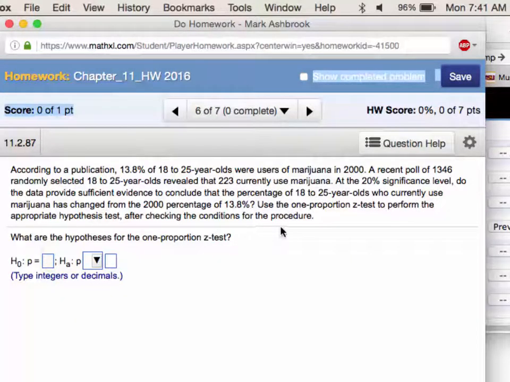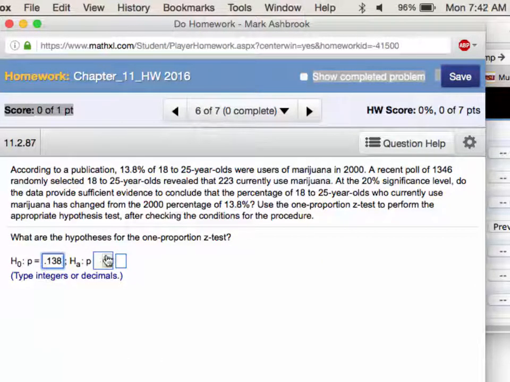So if we want to test whether it's different from the 2000, then what will our hypothesized proportion be? 0.138. Right. So the expected will be what we're hypothesizing. If we don't reject the null, we're saying that things haven't changed. So we're comparing to 0.138.